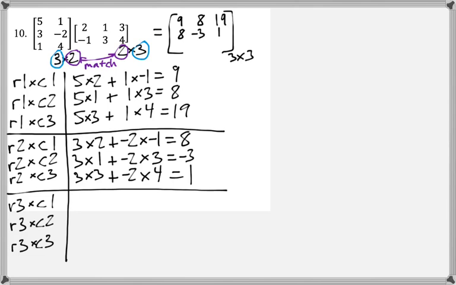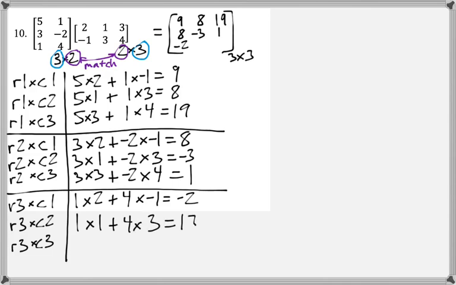And then lastly, multiply row 3 by all of the columns. So row 3 times column 1, 1 times 2 plus 4 times negative 1 is negative 2. Row 3 times column 2 is 1 times 1 plus 4 times 3, which is 13.